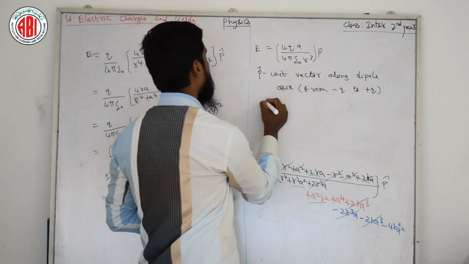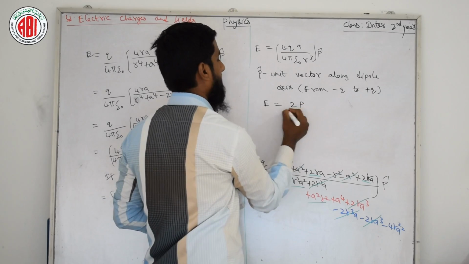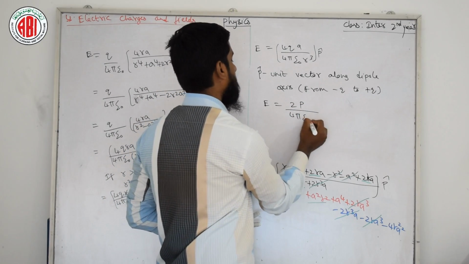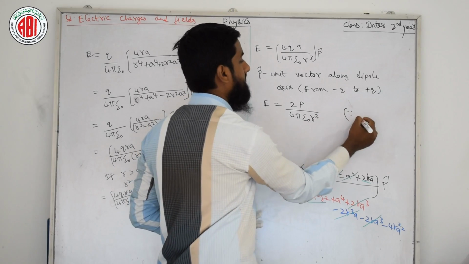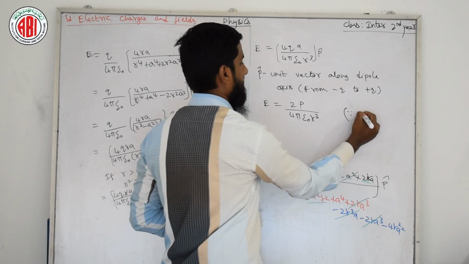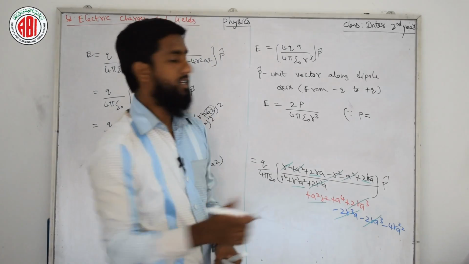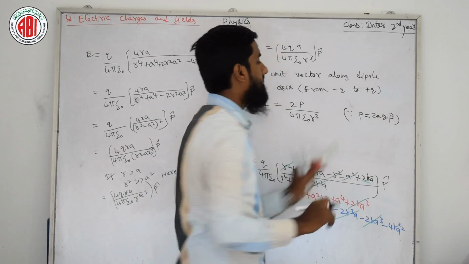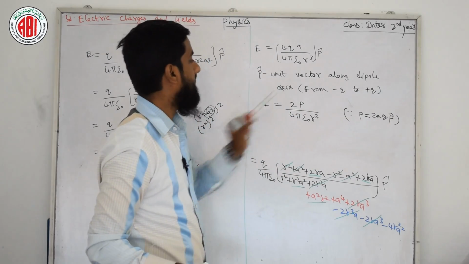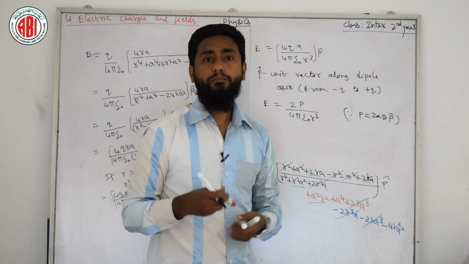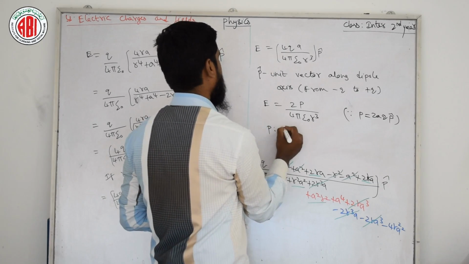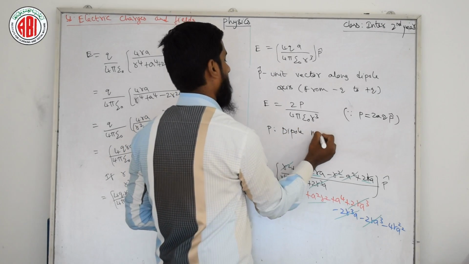So it will finally become E is equal to 2P by 4 pi epsilon naught R cube. Since here P is nothing but 2AQ P cap, instead of 2AQ P cap we are writing just P. So P is nothing but the dipole moment.